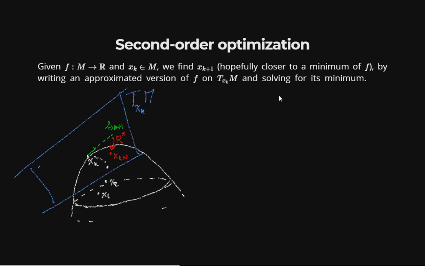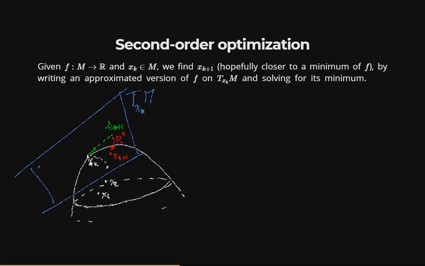Now, a scheme for second-order optimization. Consider a function from the manifold to R, and we have our sequence of points that hopefully are approximating a minimum point of f. Now, we want to find the next point by approximating f with another function on the tangent space at the present point.